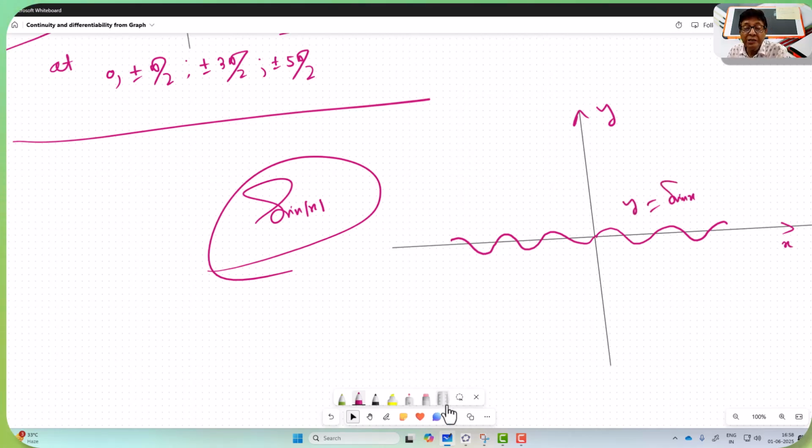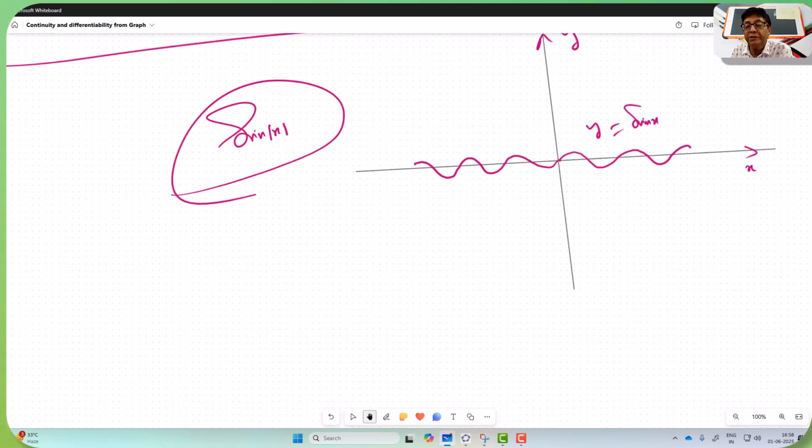For sine mod x, what will you do? You will remove the part on the left hand side. You will take the right side part only. And then take the mirror image of this portion about the y-axis.